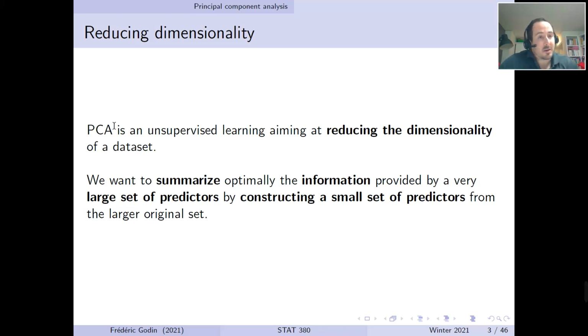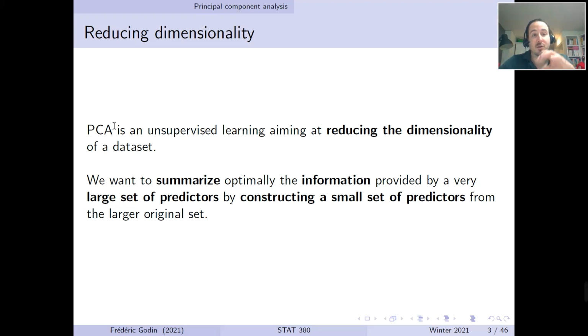So it could be convenient, at least from an interpretation standpoint or from a stability standpoint, to obtain a data set which has a lower dimension but which summarizes well the information contained in the initial very large set of predictors.